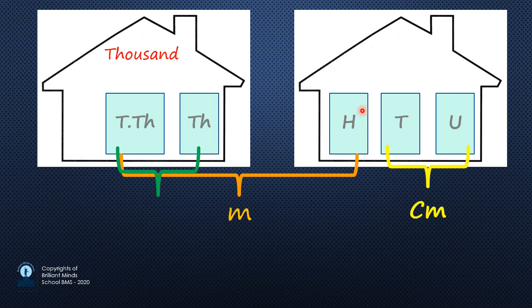All the old house will belong to the meter, and the new house of 1,000 belongs to kilometer. So the old house is meter, the new house is kilometer, when we are talking about meter and kilometer. Okay, what about centimeter and meter? Unit and tens belong to the centimeter, 100 and so on, 1,000 and 10,000 belong to meter. Okay?